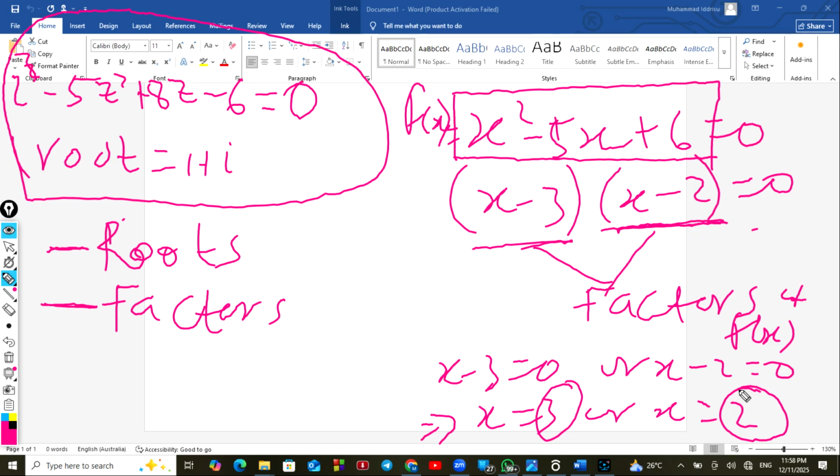So in simple terms, the roots of the function are those values for the variable in question that, when substituted, turn the whole function to 0.